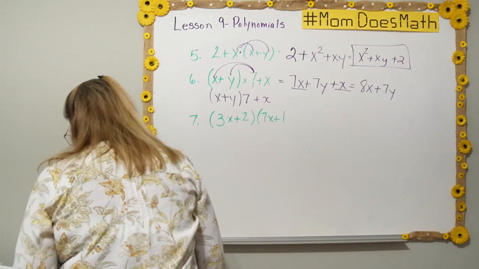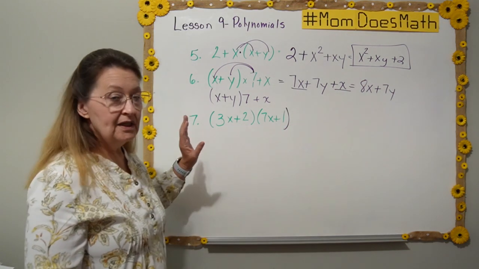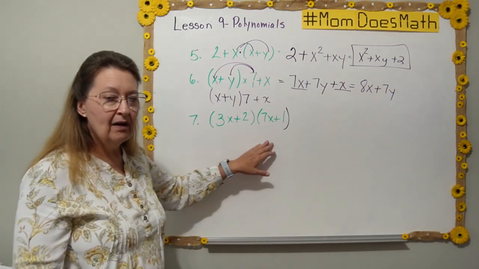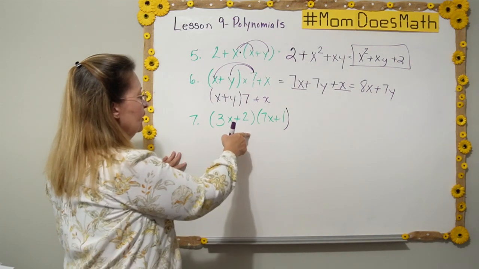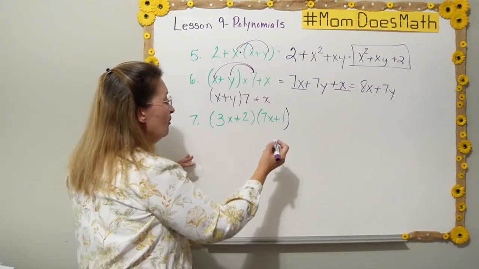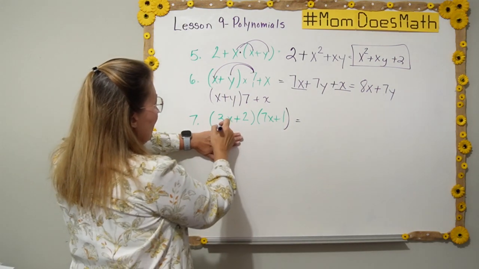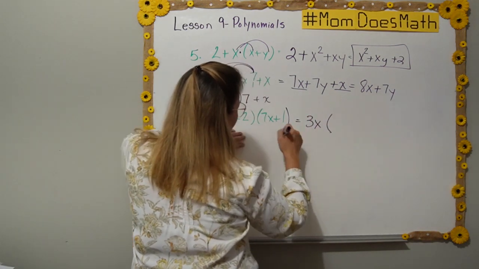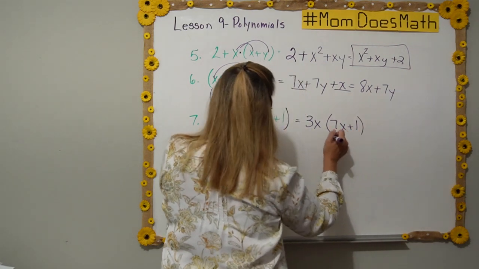Okay, so now let's look at this number 7. What we have here is a little bit next level because I have a binomial times a binomial. And I want to be sure that every number in here gets multiplied by every number in here. So if you want to, and sometimes I do this if I have a lot, take the first number in the first binomial, 3x, and you're going to multiply it times 7x plus 1.